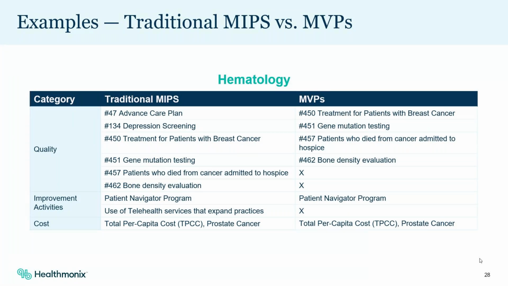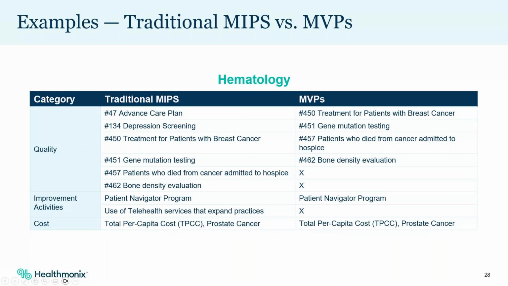Now, for the cost measure in this example, we list out here that the traditional MIPS participation is total per capita cost and prostate cancer, while in the MVP, you're limited to total per capita cost and the prostate cancer cost measure.